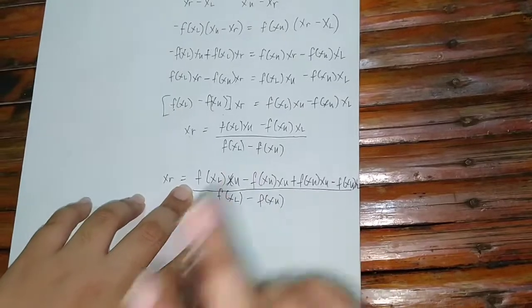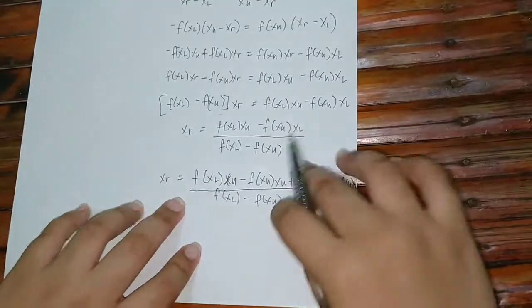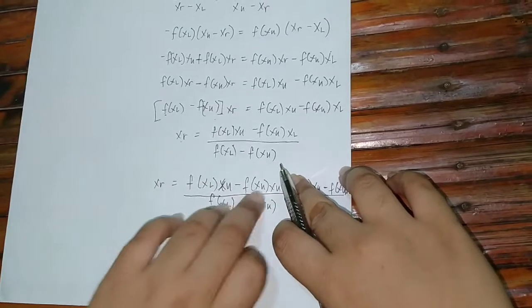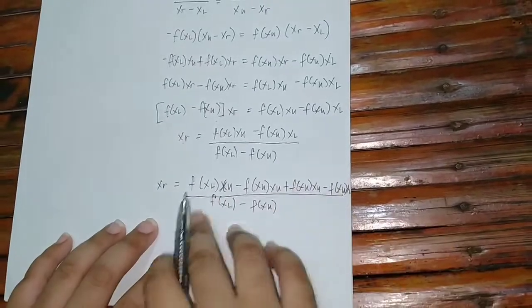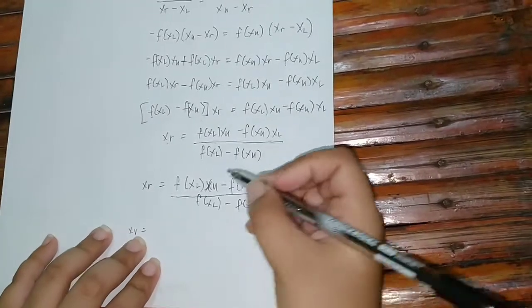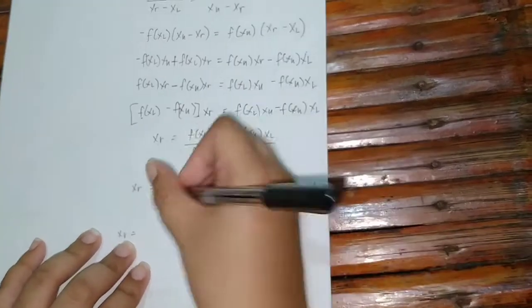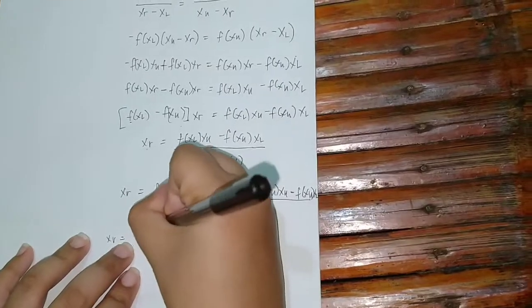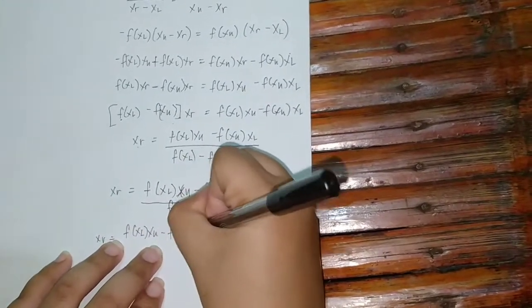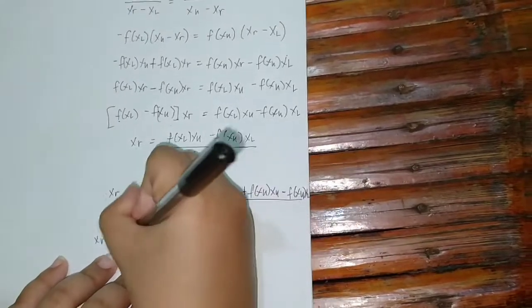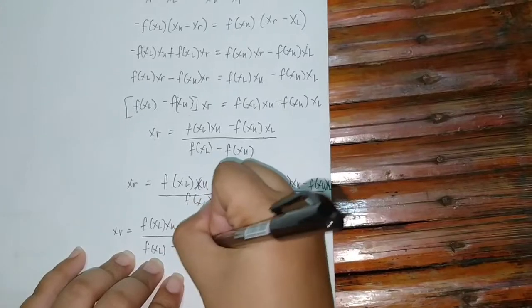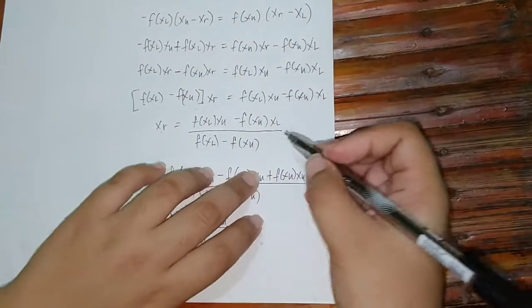And then we're going to separate this into two fractions. So we're going to first use these first two terms. So we have x_R is equal to f(x_L) x_U minus f(x_U) x_U over f(x_L) minus f(x_U).